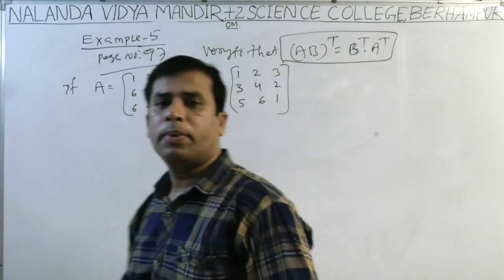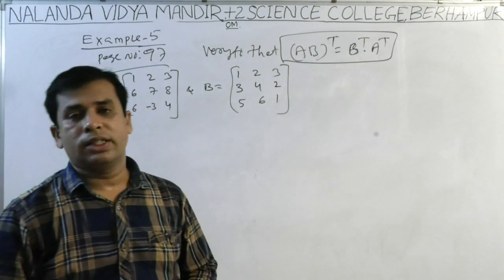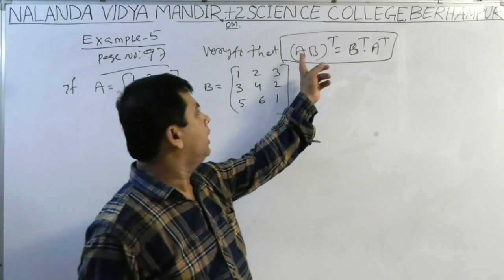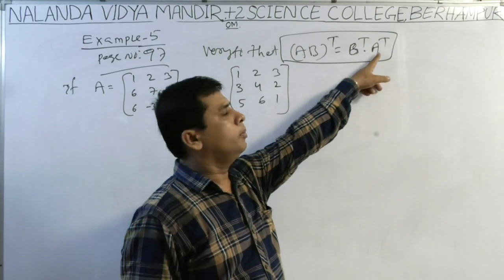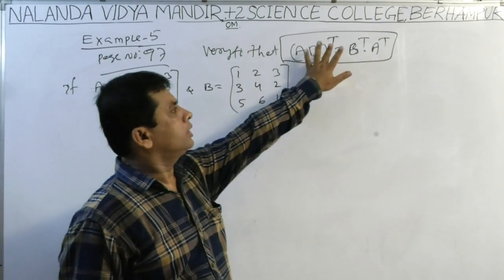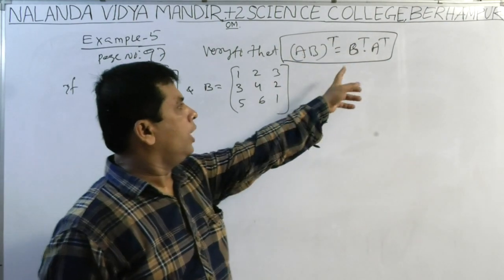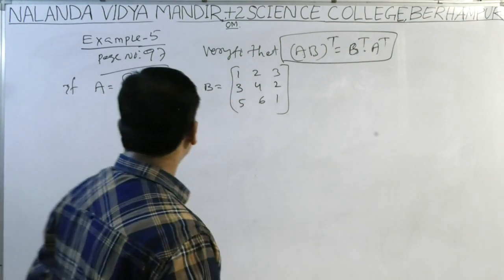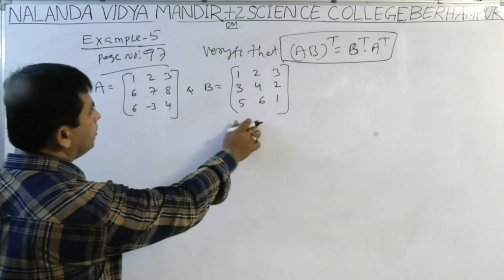This is the property of transpose of matrices. First we find AB, then its transpose, and then we find B transpose, A transpose, and also their product. Okay. Now here A is equal to 3, B is equal to 3.